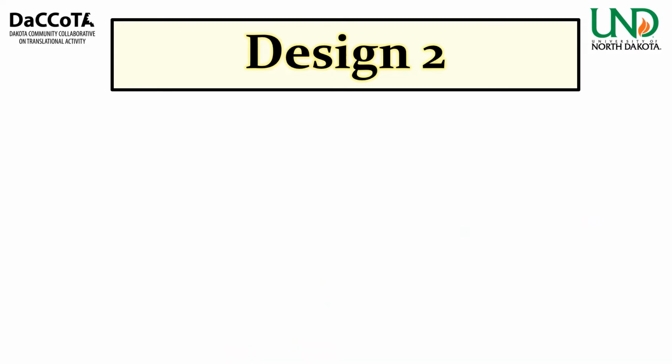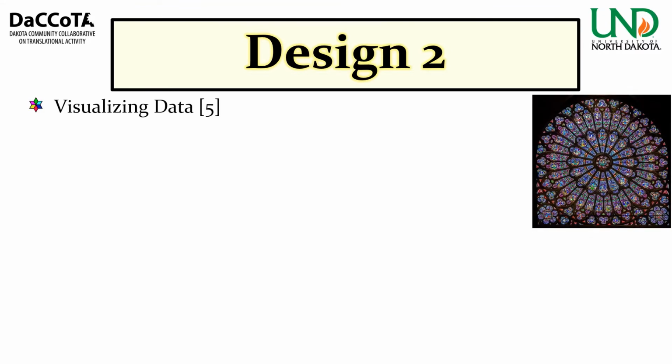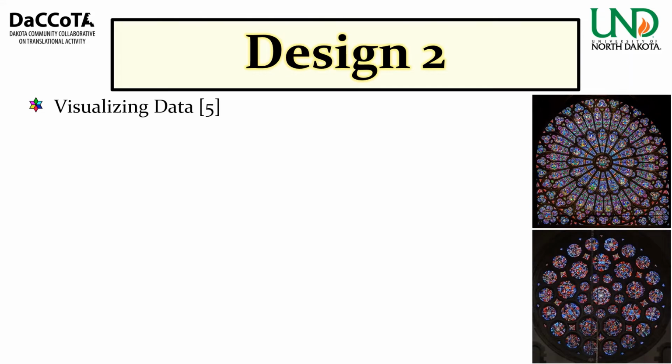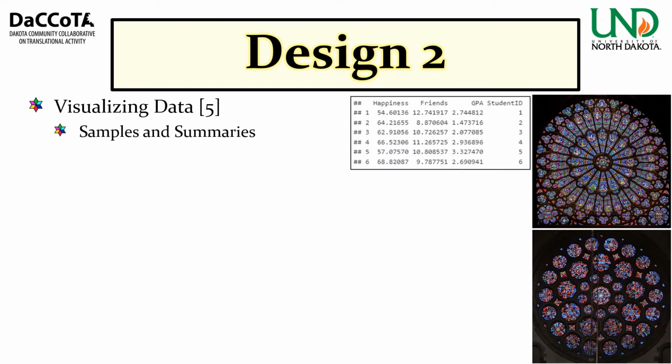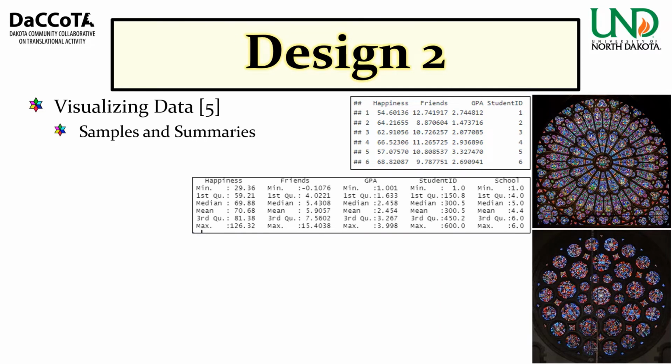After a successful round of data collection, visualizing your data will illuminate your model building path like rose windows. Most steps are standard exploratory analysis, so you can do samples and summaries, like getting the first few columns and rows of your data. You can look at summaries, sort of parsing out what your variables are.